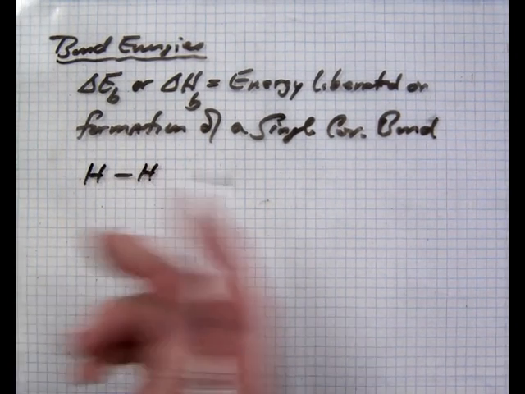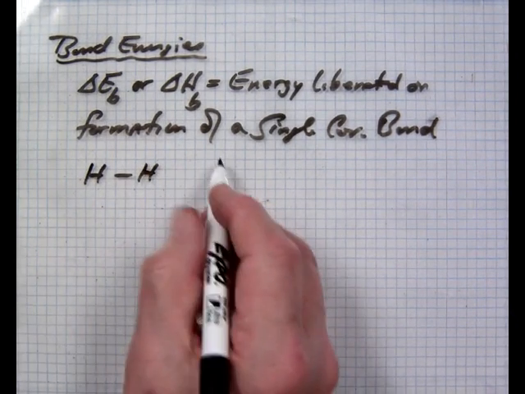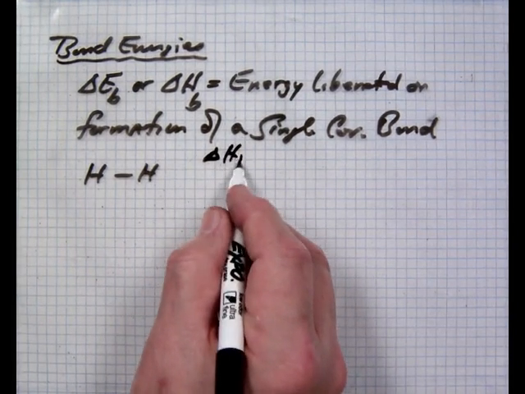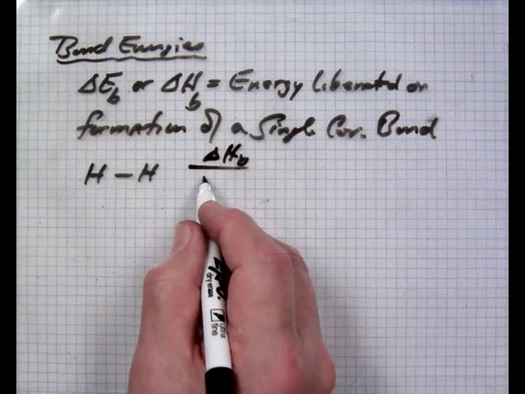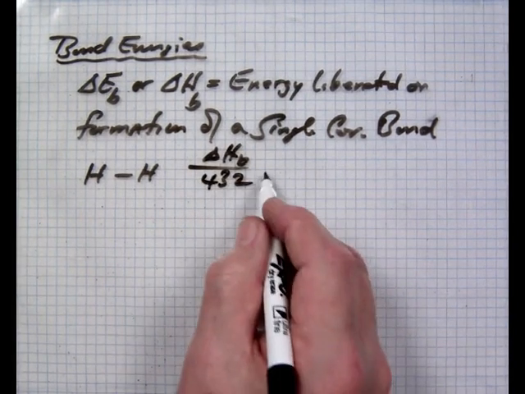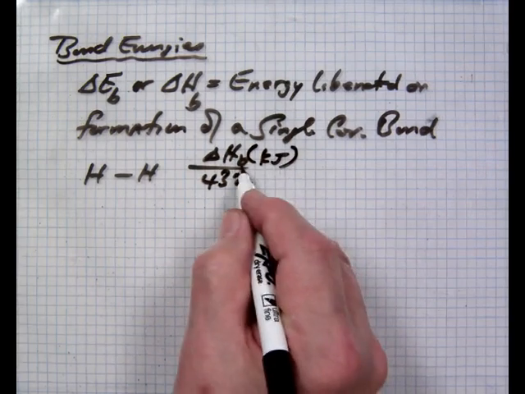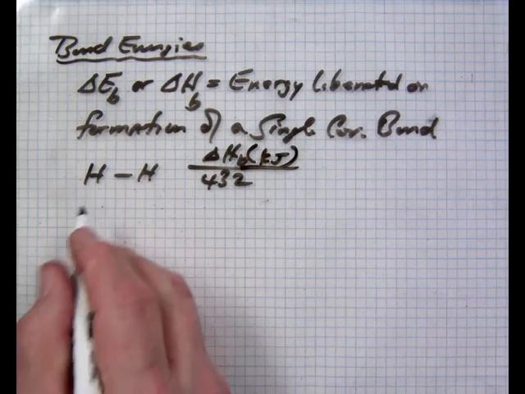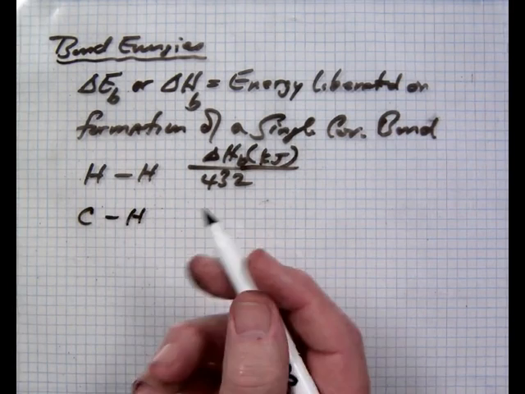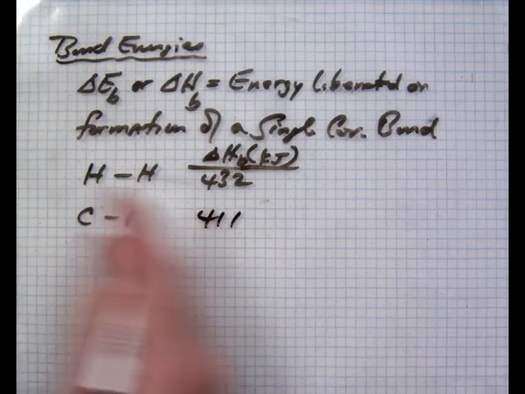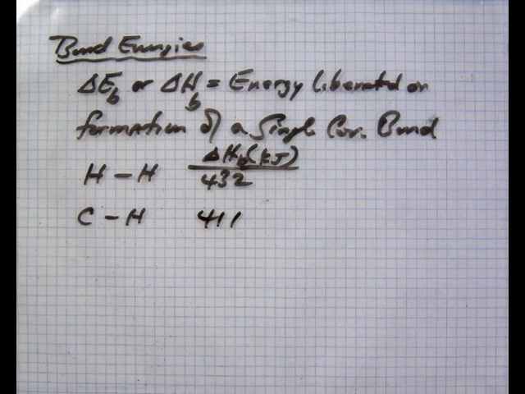Specifically, hydrogen bonded to hydrogen, and I'll just make a little table here, is 432 kilojoules. Carbon-hydrogen bond is 411 kilojoules, exothermic on formation.